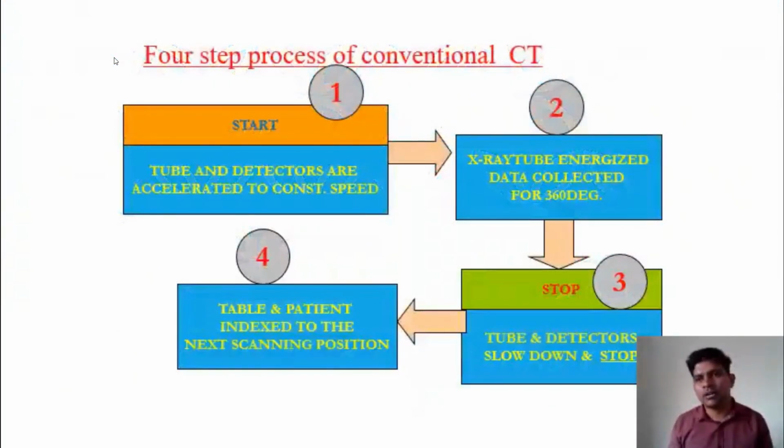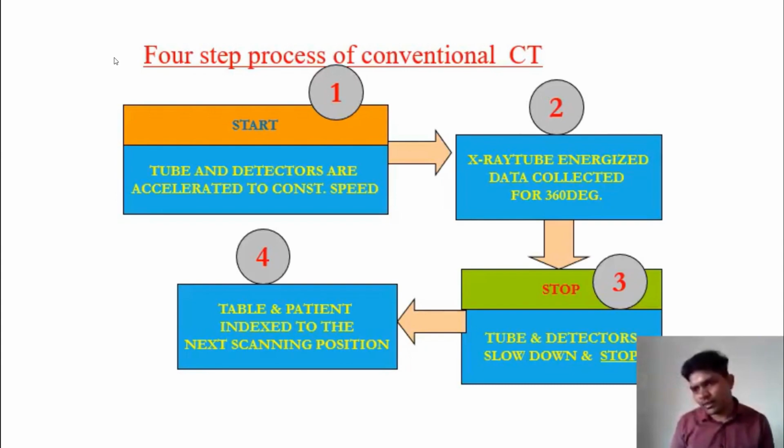In conventional CT there are 4 steps, which start with the tube and detector accelerating to constant speed. Second, the X-ray tube is energized and data is collected for 360-degree.